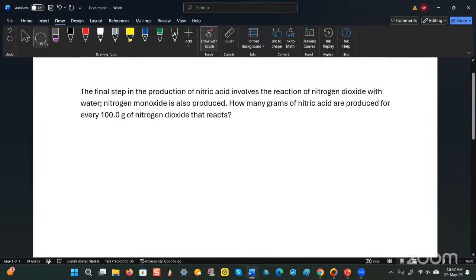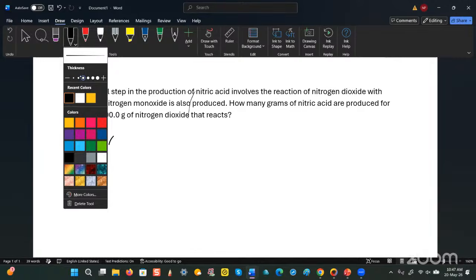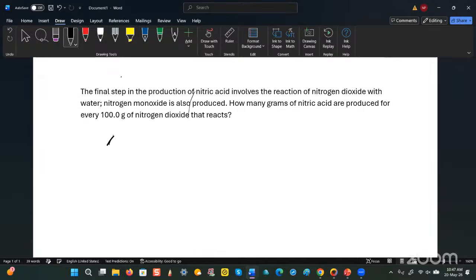So if you look at the question carefully, the way it is stated, it says that the production of nitric acid involves the reaction of nitrogen dioxide with water. So there are two reactants involved, NO2 plus water, right? Those are the two reactants.